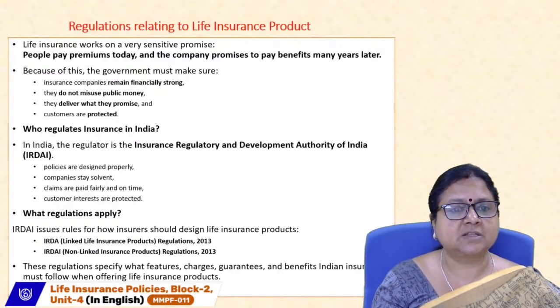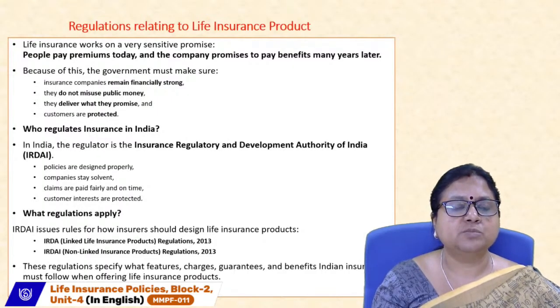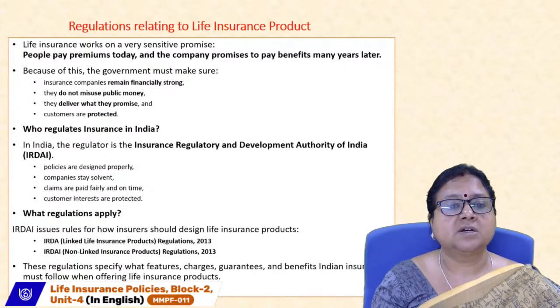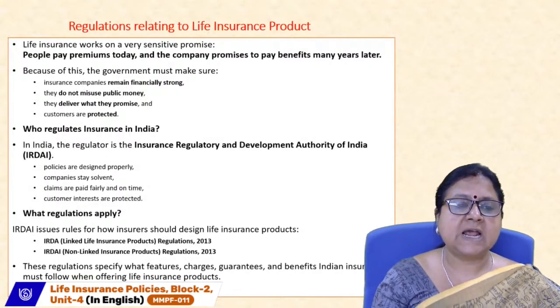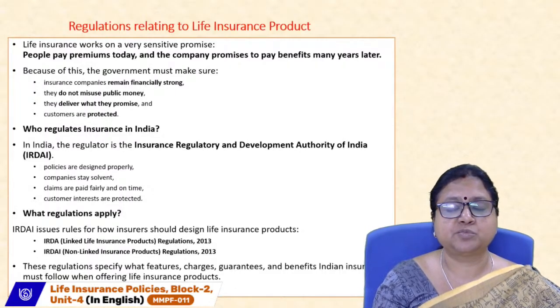They should ensure that insurance companies do not misuse public money by investing in other securities. They should deliver what they have promised in the policy document, and all customers should be protected as per the policy guidelines.